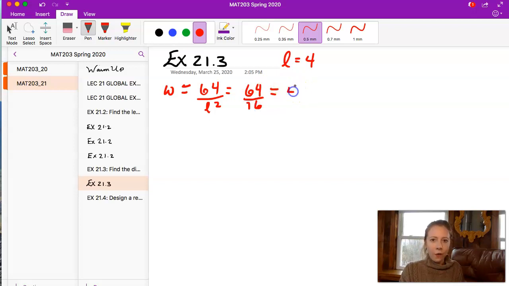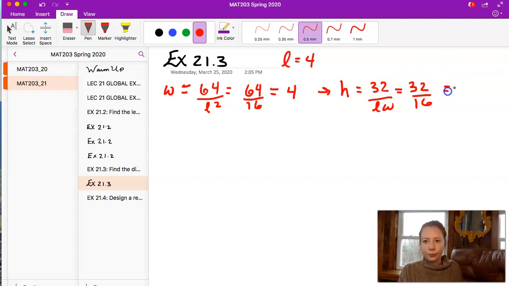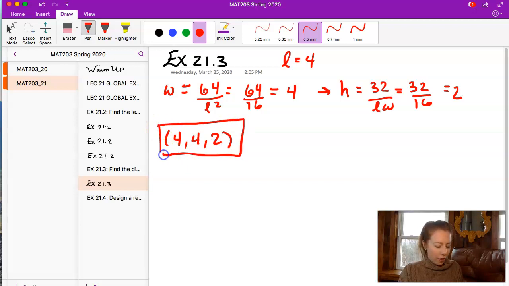So we get 4. So length and width are both equal to 4. And then we can figure out that H is going to be equal to 32 over LW, which is going to be 32 over 16, which is going to be 2. All right, so we have 4, 4, and 2 in this case for our critical point, for our dimensions.